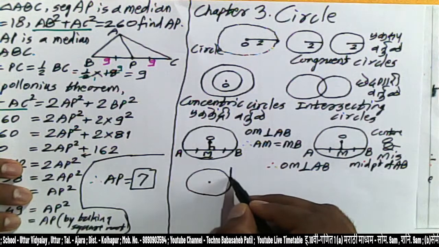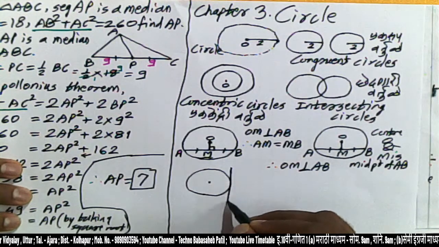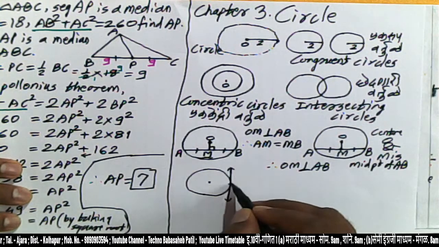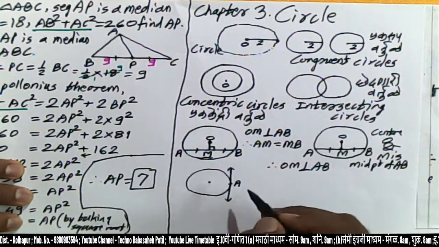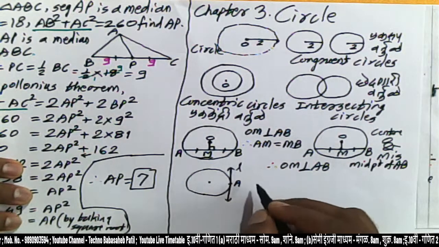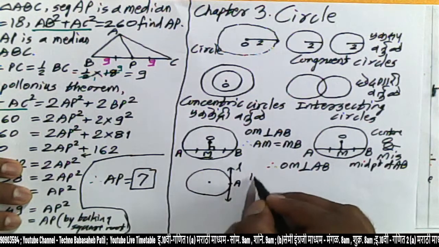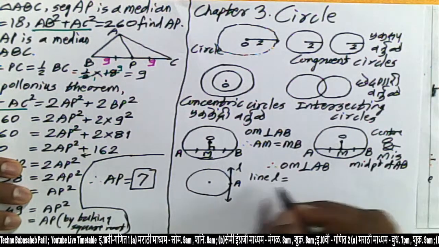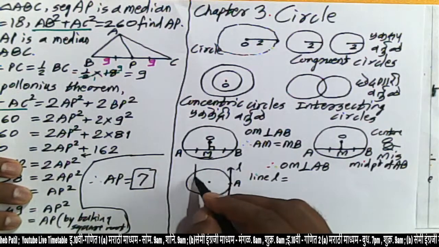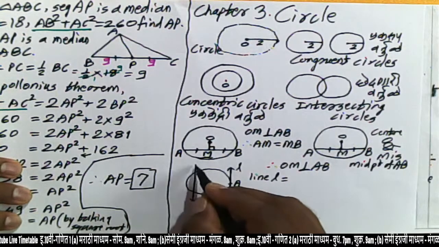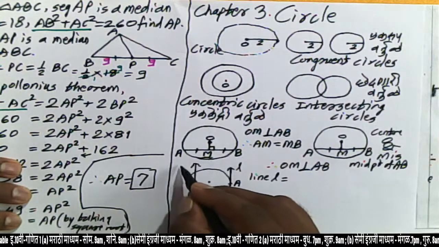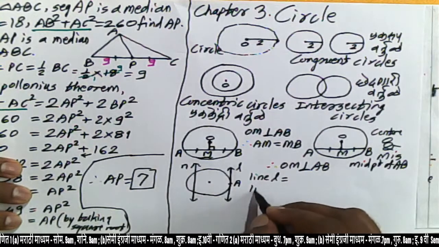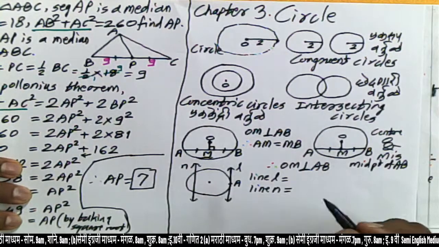A line that intersects a circle in one point, that line L is called a tangent. Another line, line N, intersects the circle in two different points.